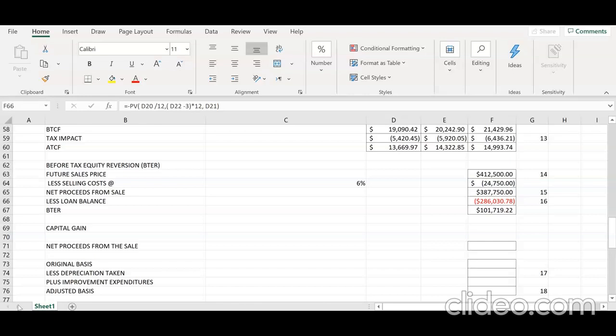Improvement expenditure is as given under the assumption. To get the adjusted basis, I subtracted the depreciation taken from the original basis, and then added the improvement expenditure. Finally, to calculate the capital gain, I deducted the adjusted basis from the net proceeds from the sale.